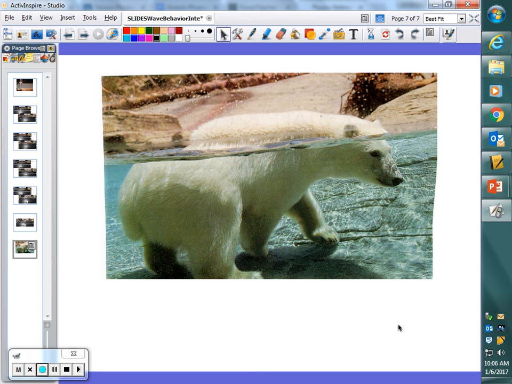So you stand on the edge of the pool, and you're like, all right, there's the diving ring. You dive at the diving ring, but you get to the bottom, and what happened? It's not there, right? Because those waves bend as they come out of the water, and it makes it seem like the object is in a different place, but really those waves are just bending as they come out.